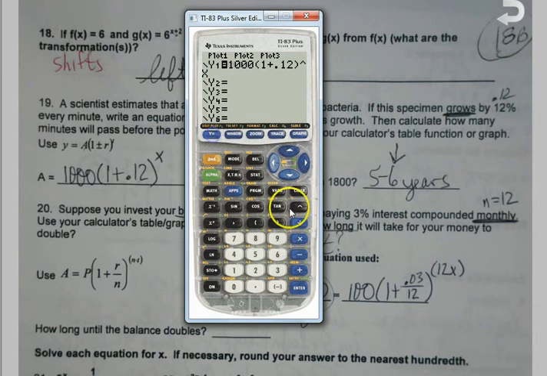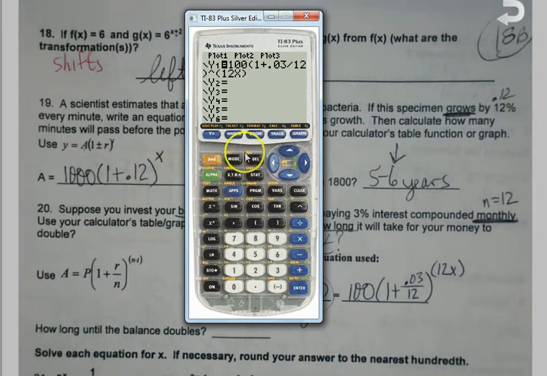So I turn it on and I say, okay. And definitely, since you have more than just x in your exponent, make sure you're using parentheses, because otherwise you're going to get something completely different.